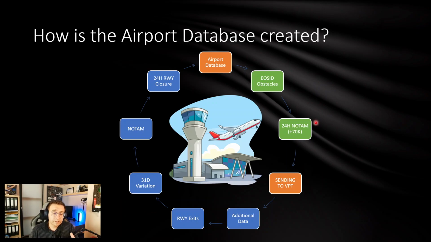What we do is extend the information to incorporate the full text of the NOTAM. Finally, we also have our own 24-hour NOTAM watch for runway closures. That means we have a script running twice a day that will add and update all the runways that are closed in the world. And that finally creates the airport database that you will have access to.